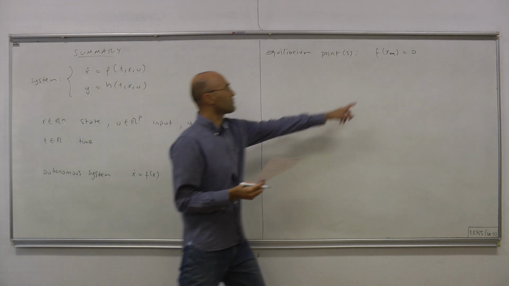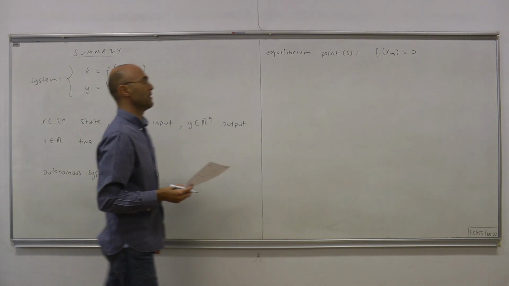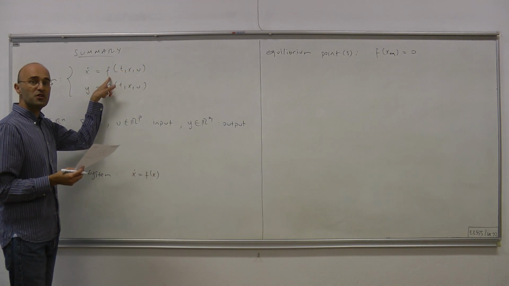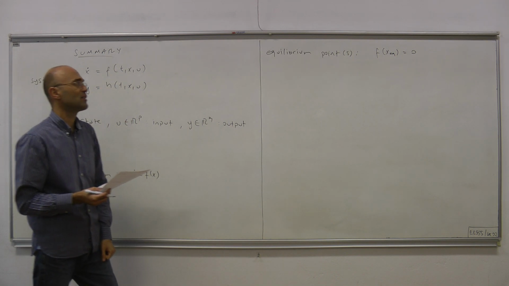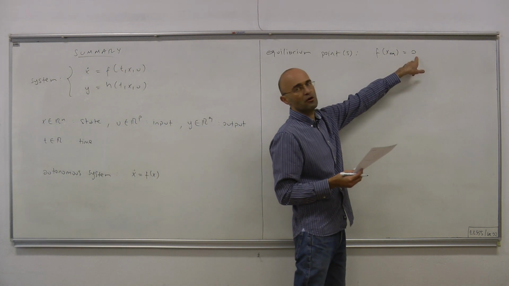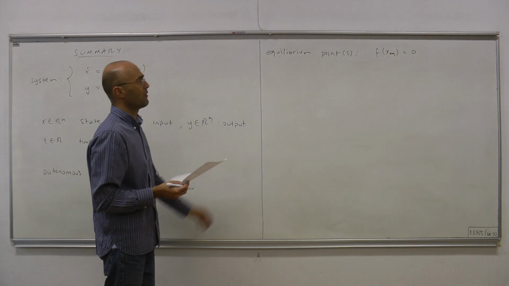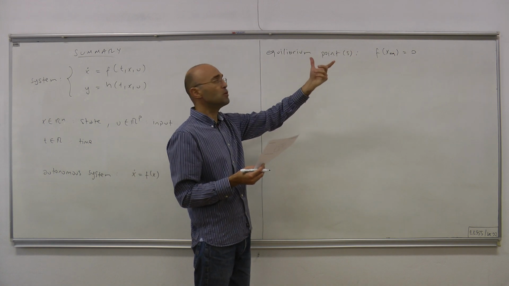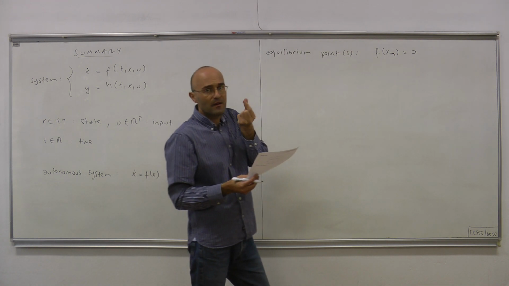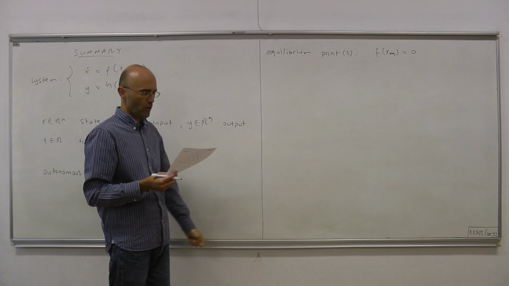Now, of course, x is a vector in Rn. Since f describes the right-hand side, it also produces a vector in Rn. So that means this 0 is the 0 vector in Rn. Now, if that equation has a solution, xeq, okay, that point in Rn we call an equilibrium point.